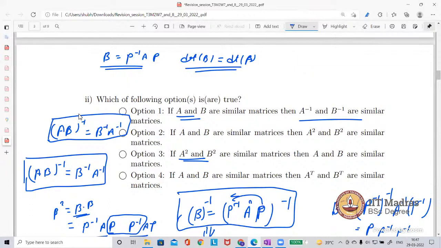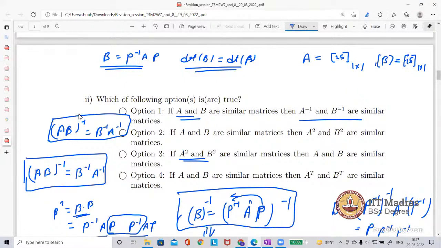Let's say I am taking A also of order 1 cross 1, which is 25, and B is also 25, because the determinant should be the same. If you calculate the determinant of a matrix of order 1, there is no rank or trace to worry about. So I'm taking A and B as equal matrices, so these are similar matrices.